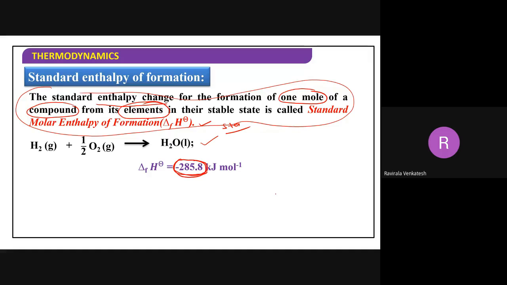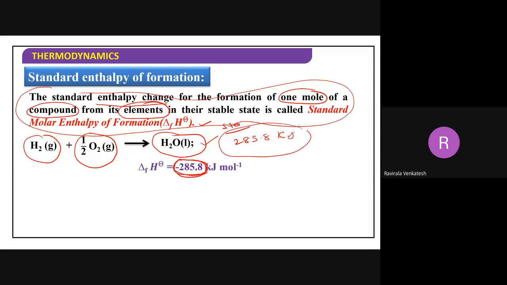We'll see here because the definition is important. Now, what is the meaning of minus 285.8? Very simple, based on the definition. In the formation of 1 mole of water from its constituent elements, from hydrogen and oxygen, when the heat is released, that heat is 285.8 kilojoules.